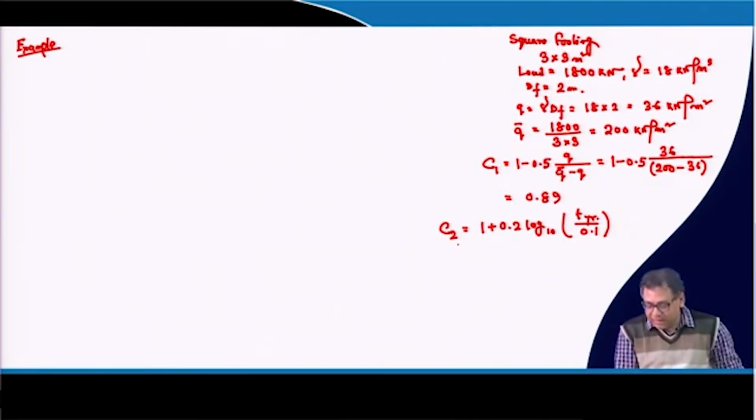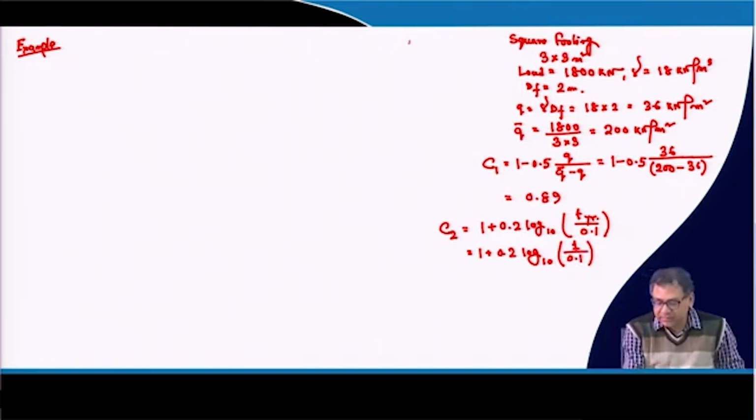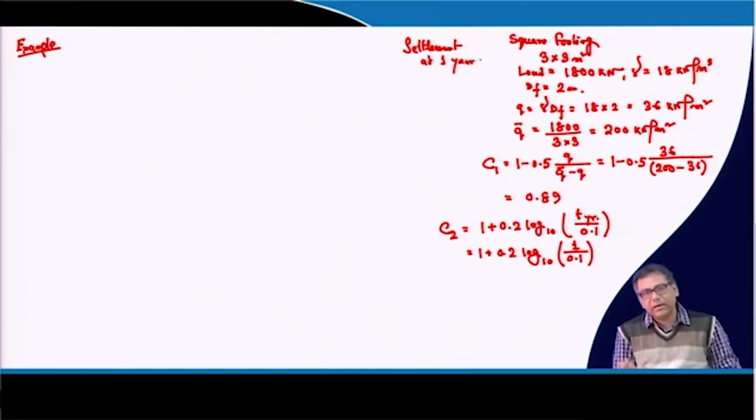So, that is 1 plus 0.2 log 10 of 1 divided by 0.1, the settlement at 1 year. You can calculate for lesser time also, but I have taken 1 year.